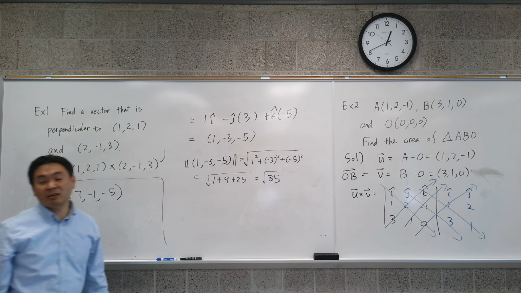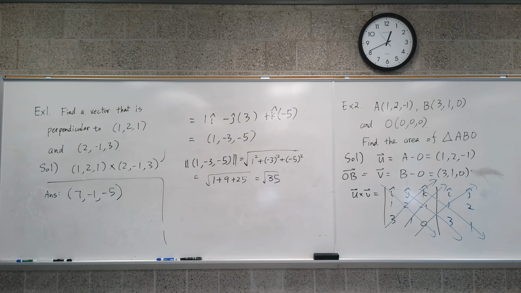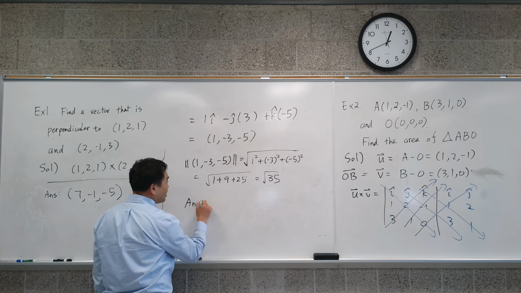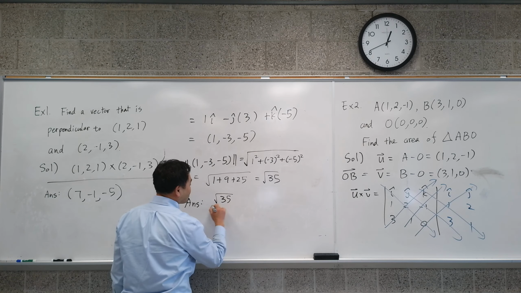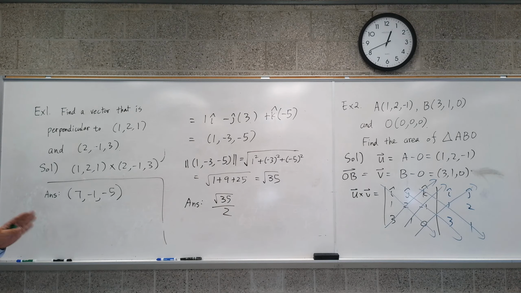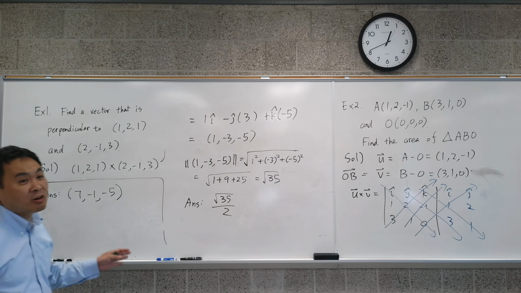And because the triangle is half the area of the parallelogram, the answer would be square root of 35 over 2. That's it.